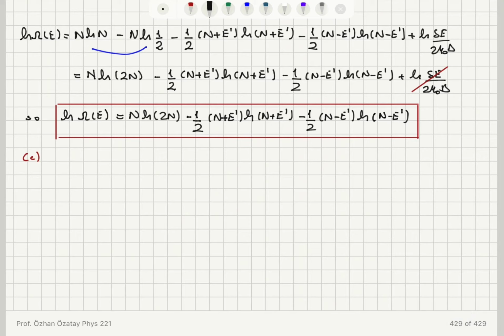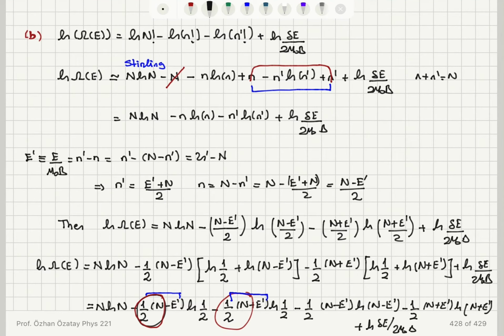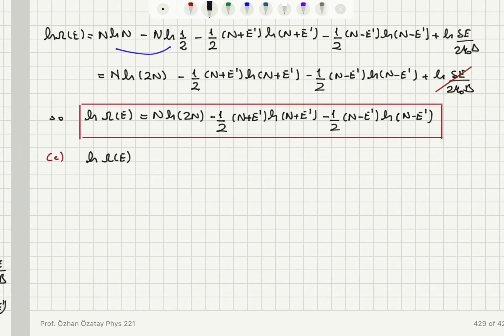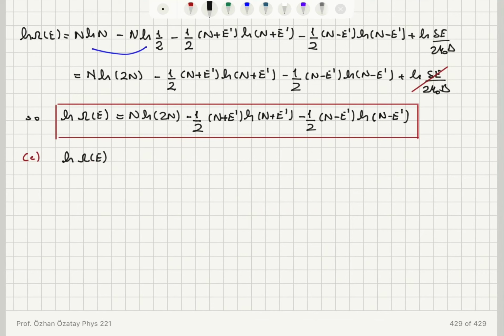So in order to sketch this, first thing I want to note is that if you look at ln omega E and ln omega minus E, where E prime was basically E divided by mu 0 b, remember, so it was defined here. If I change the sign of E prime to plus or minus, I will get the same thing.